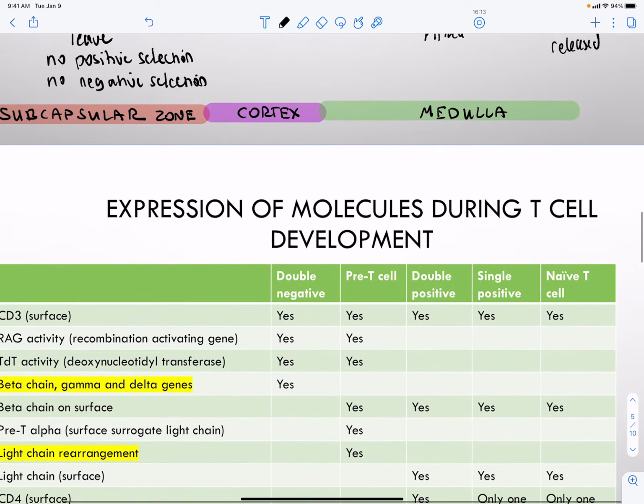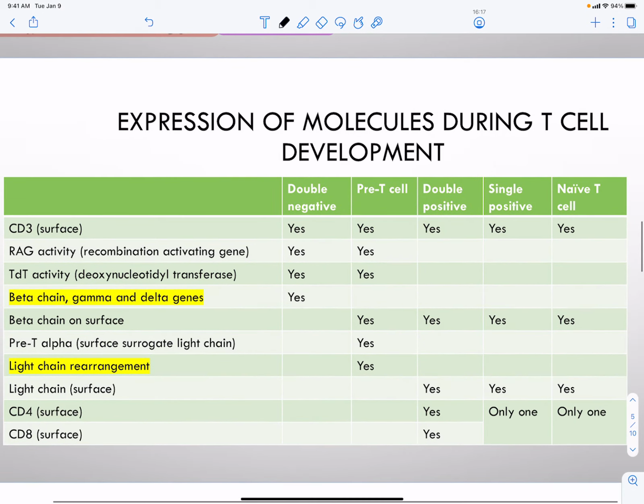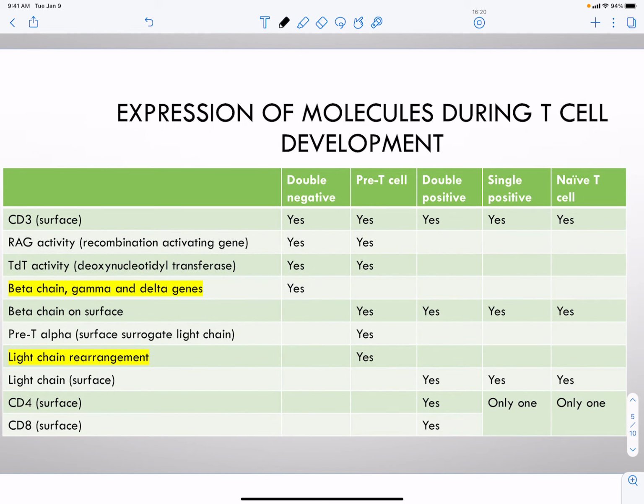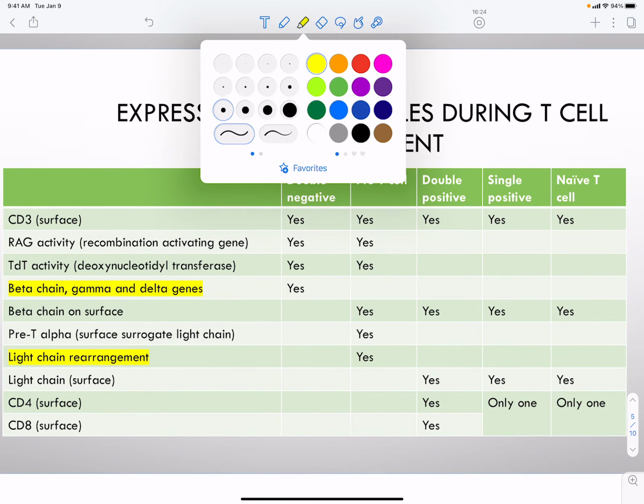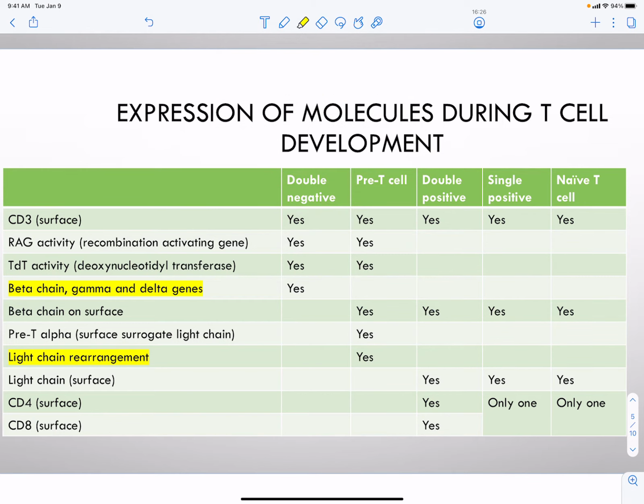So let's talk very briefly about some molecules that are important on the surface. You can see right away that we have our CD3 molecule, and CD3 is always going to be expressed. That never changes.